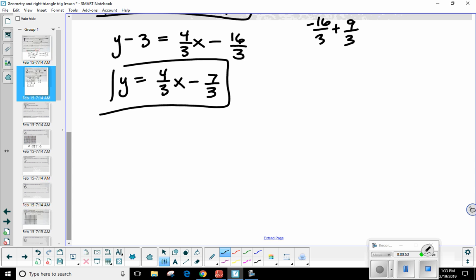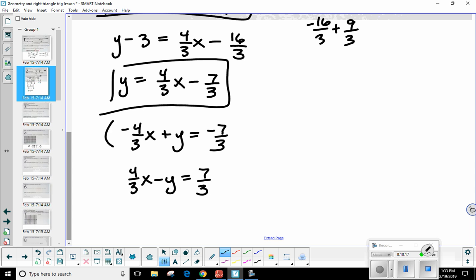Spencer, what do you think? Okay, move over the 4/3 x. So if I subtract that over, negative 4/3 x plus y is equal to negative 7/3. Okay, now what? Multiply by negative 1. So that would be 4/3 x minus y equals 7/3.